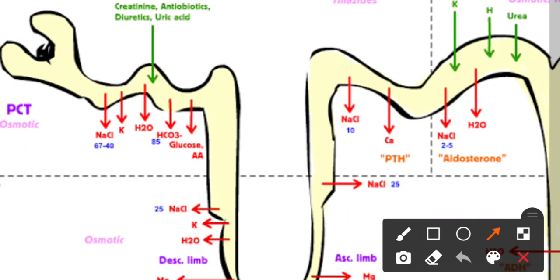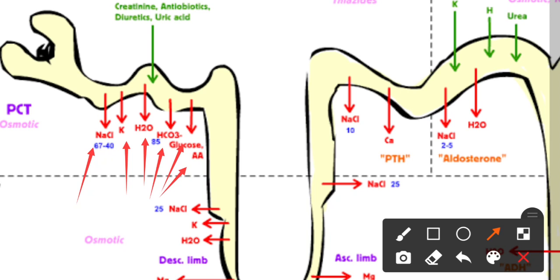You can very well see this is the sodium chloride, we have the potassium, and water is coming out, about 80% that we have discussed earlier. These are the bicarbonate ions. We can have glucose, and the whole of the glucose will be reabsorbed. Many of the amino acids are also coming out as reabsorption products.